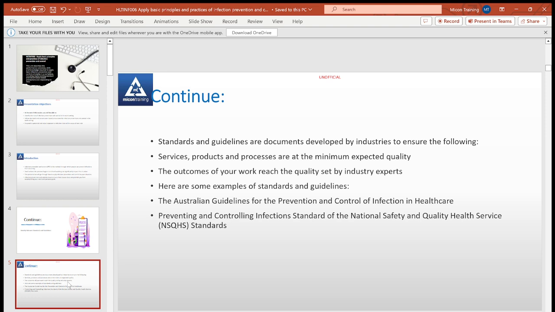Here are some examples of the standard and the guidelines that we follow in Australia. One of them is the Australian guideline for prevention and control of infection in healthcare. Another one is preventing and controlling infection standard of National Safety and Quality Health Services. All this standard that is in place, their major expectation is to keep ourselves safe and to keep our clients safe.